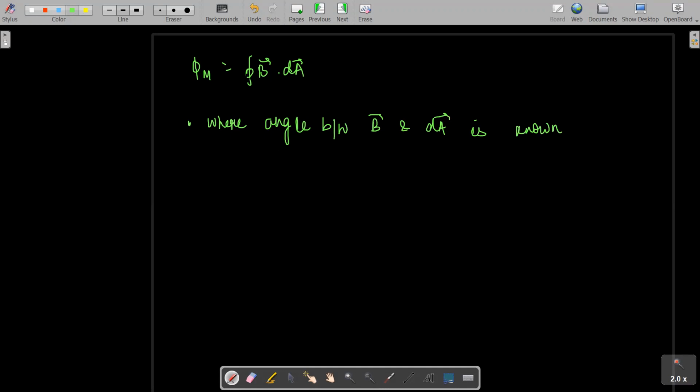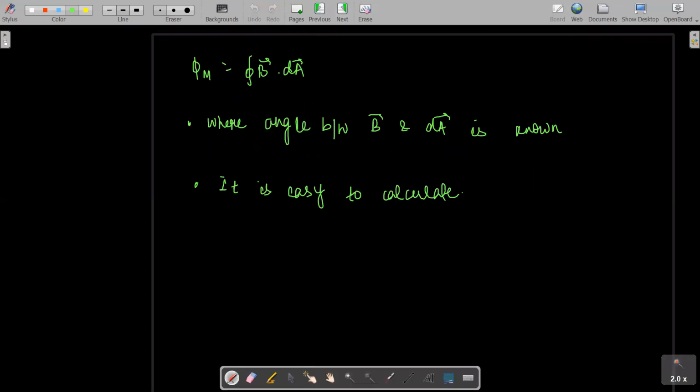Most of the time we should be using this formula at these places only, where the angle between magnetic field and area vector is known, or it is easy to calculate. If we find it complex to calculate, then we cannot calculate it. So that is what I am saying, where it is easy to calculate.